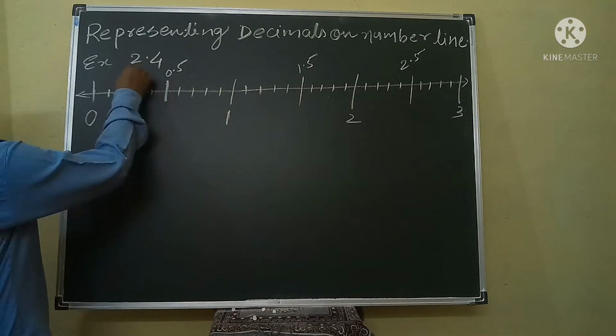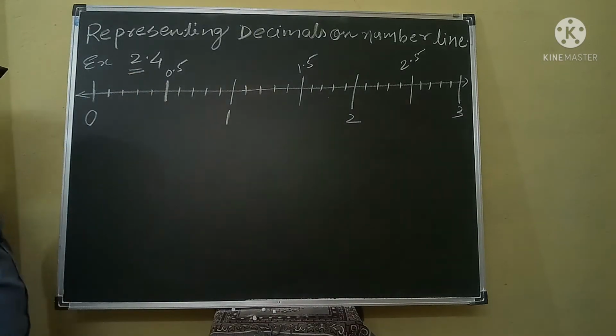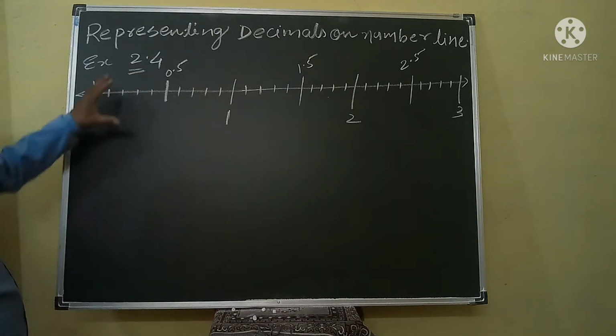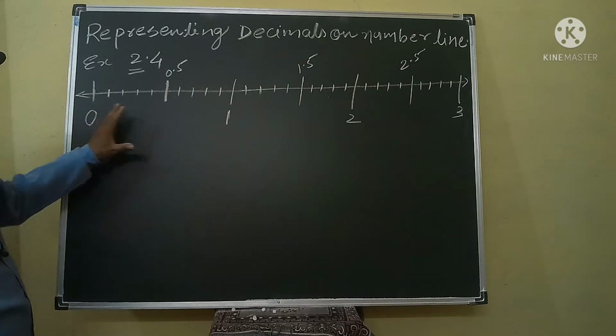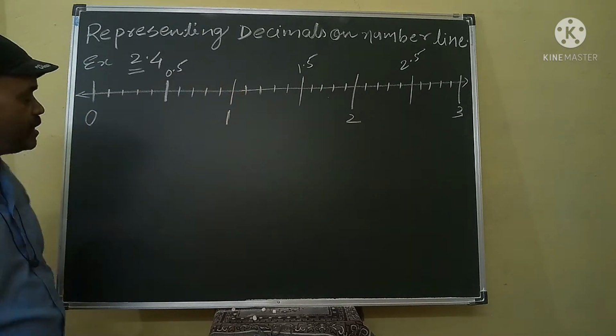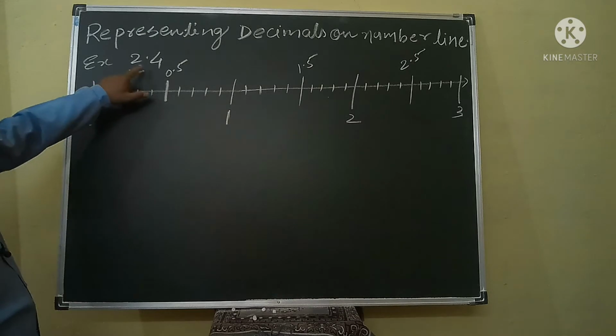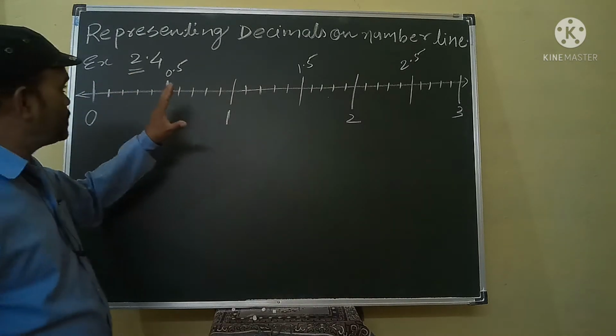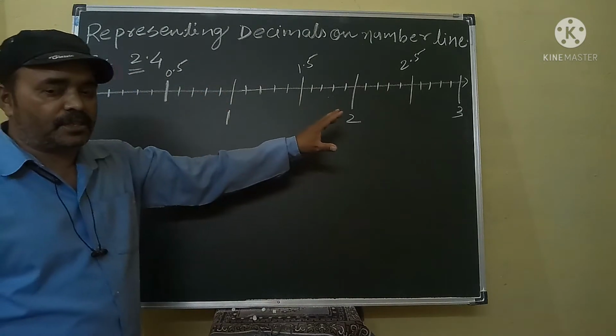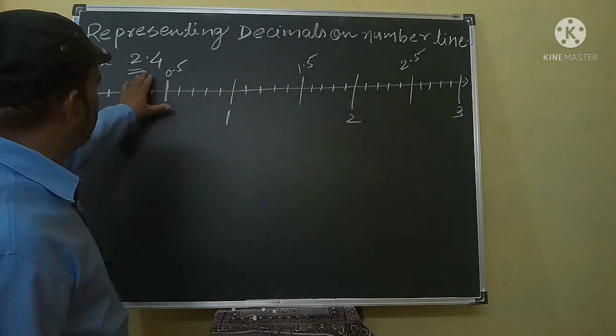Your question is, how can you represent 2.4? So for 2.4, first we will make one number line. Then after this is 2.4. That means what is the position of 2.4?